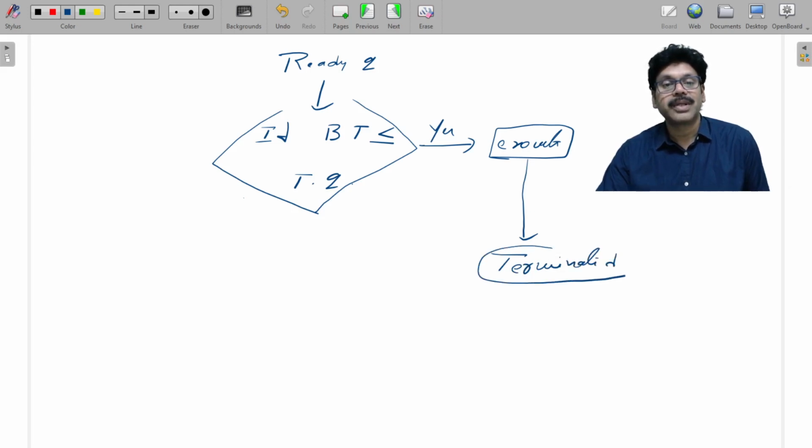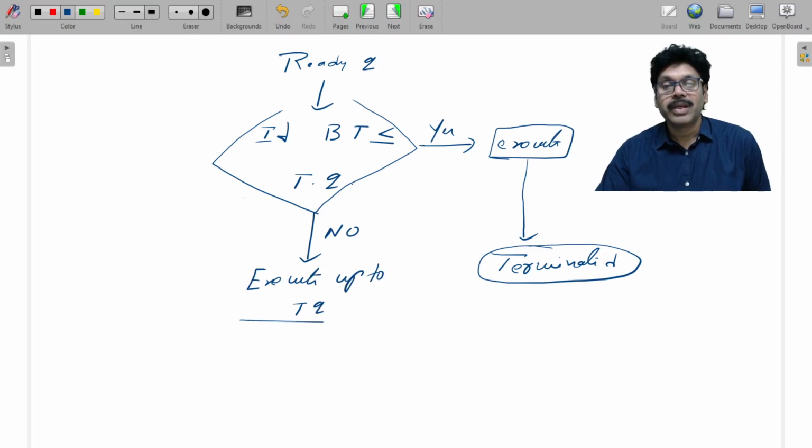If the burst time is more than the time quantum, then you need to execute up to the time quantum. You can't execute more than that.